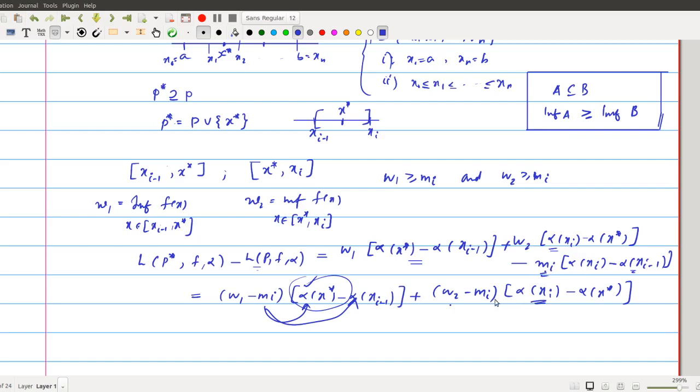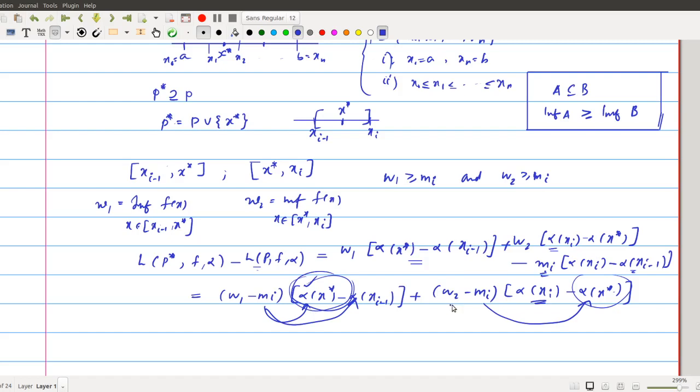So the foreign term will be minus mi times minus alpha of x star, which is the negative of this term. So this is the foreign term here and this is the foreign term here, so these two terms can be cancelled, and you will get the previous sum. So you need to insert minus mi times alpha of x star and plus mi times alpha of x star into this sum, then you can regroup like this.